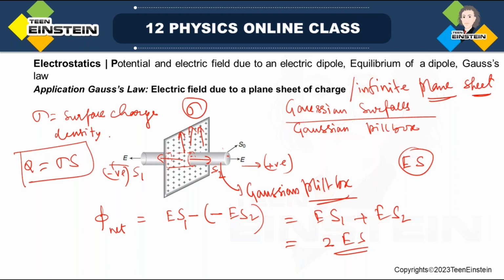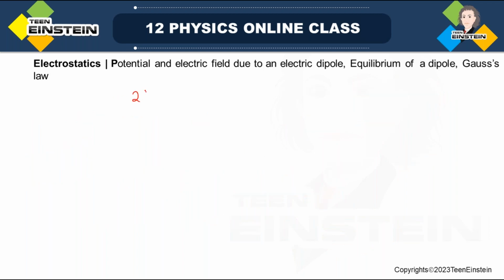So I have got the flux. According to Gauss's law, the net flux must be equal to the charge enclosed divided by epsilon naught. So what is the charge enclosed here?